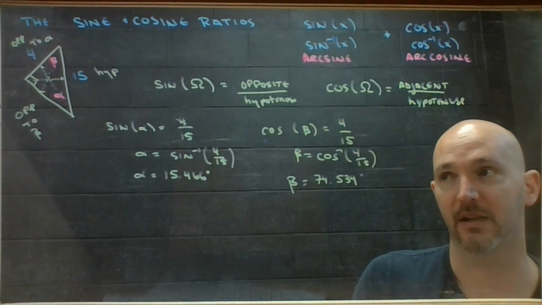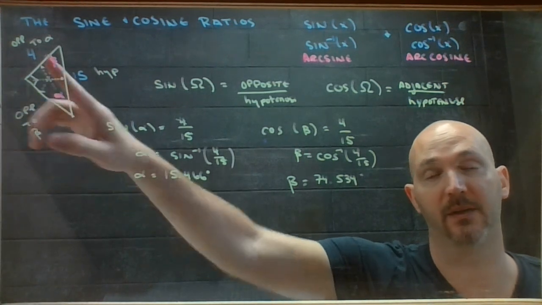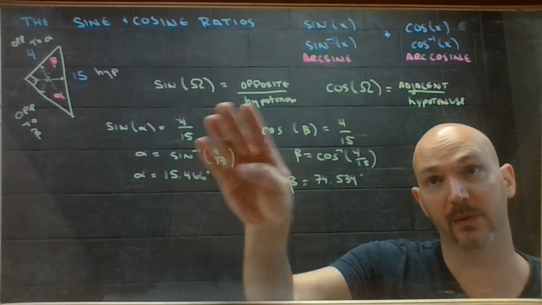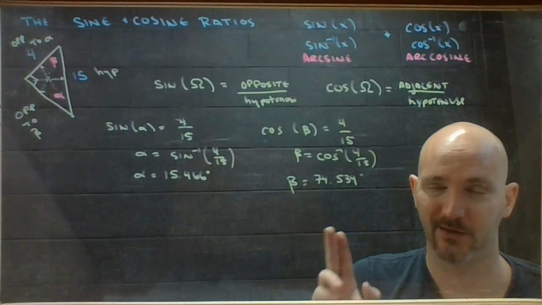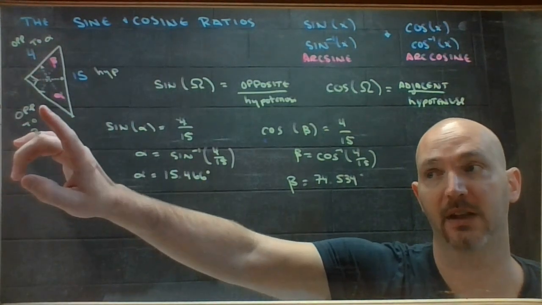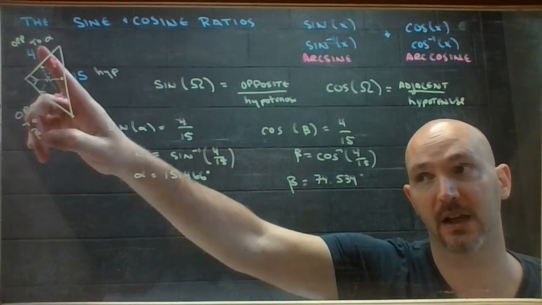So if you've got a triangle where the hypotenuse has a number on it and only one of the other sides has a number on it, instead of using the tan ratio, it's more convenient to use these. You could, if you wanted to do a lot of work, use the Pythagorean theorem to calculate the length of that side, then use your tan ratio.